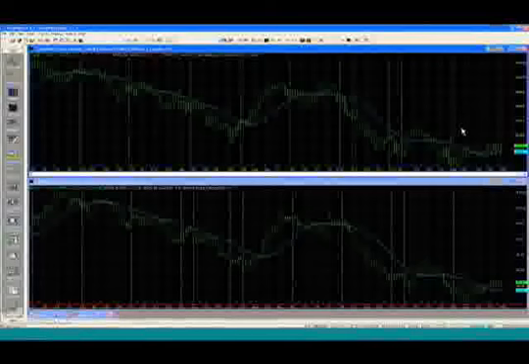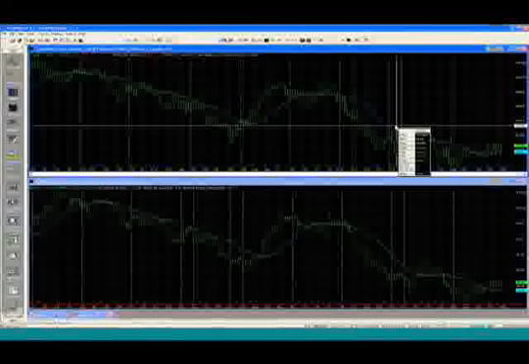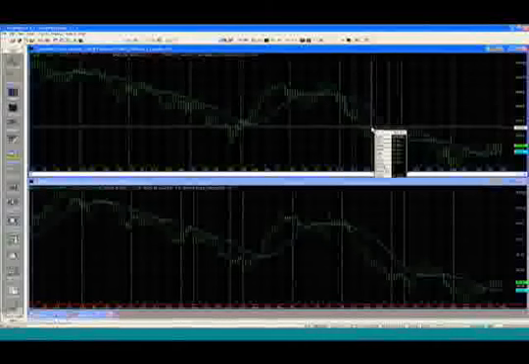Remember, this is dollar-yen, so my concern in this scenario is a dollar rally. I'm looking at this 96.50 area, which falls right about there, so it's close enough for our discussion.